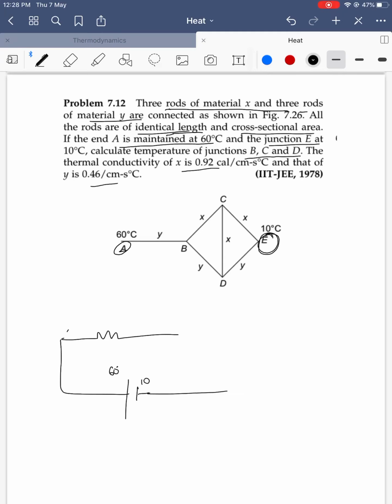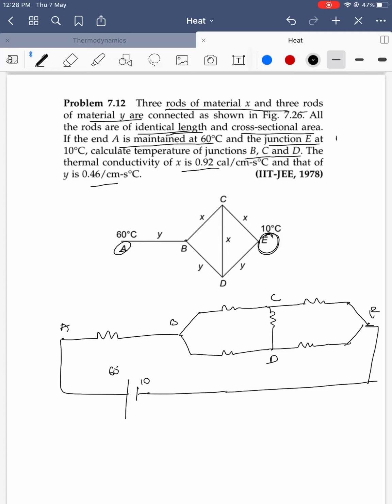This is A to B. From B it goes into two parts, B to C and B to D, and C to D also, and from C to E, and D to E. Here A to B is Y, B to C is X, B to D is Y, C to D is X, C to E is X, D to E is Y.